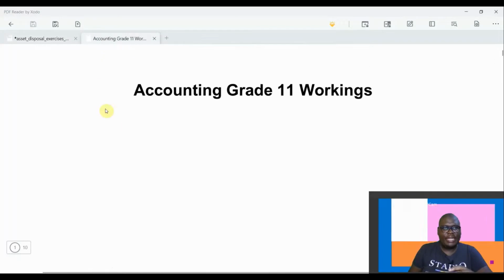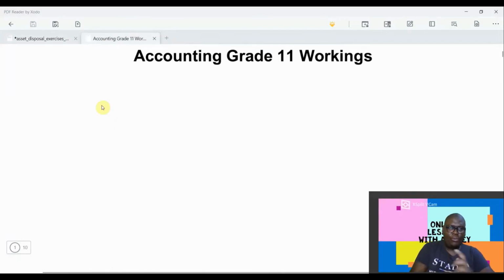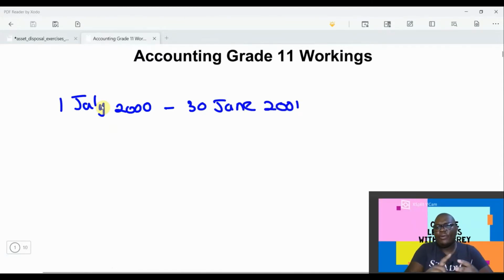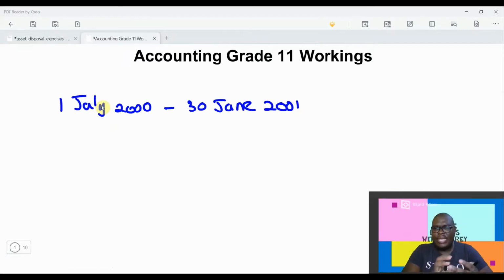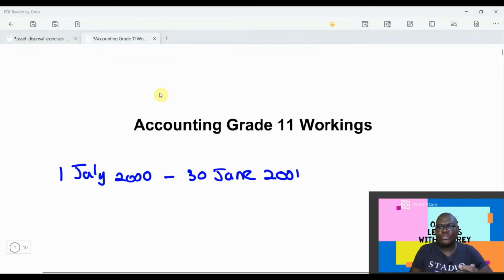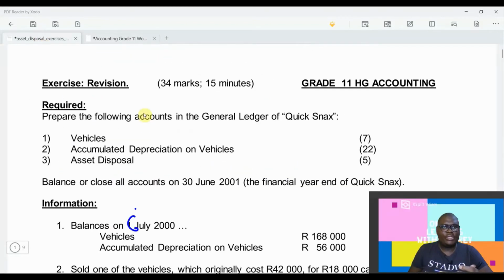So the year starts on 1 July 2000 to 30 June 2001. So we have already established our financial period. We know when the year starts and when the year ends. So we're going to use this information as we continue with our calculations.